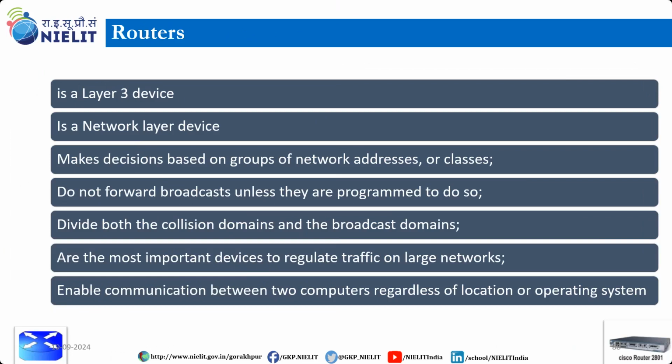These router devices are operated by internet service providers. Many organizations are running their routers in the backbone. They enable communication between two computers irrespective of their location, operating system, country, or geographical location.